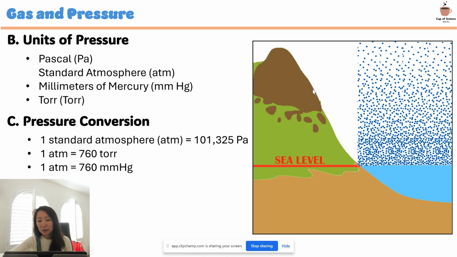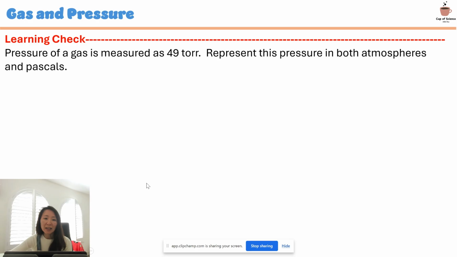As you go up the mountain, the level of the pressure diminishes, because there's less gas above you if you're on top of the mountain. So that 1 standard atmosphere is referring to the pressure at sea level. That means we're at approximately 760 torr, 760 millimeters of mercury of pressure that we're feeling at this moment if you're at sea level. Now we can take this and do a learning check.